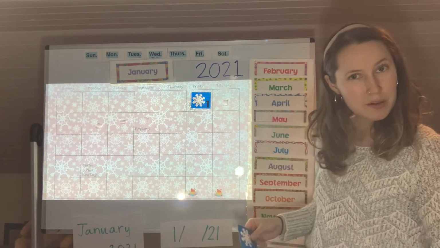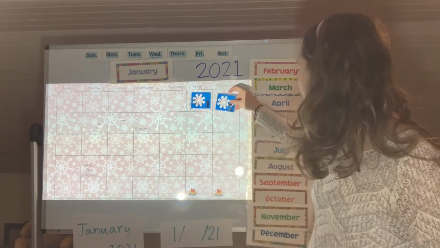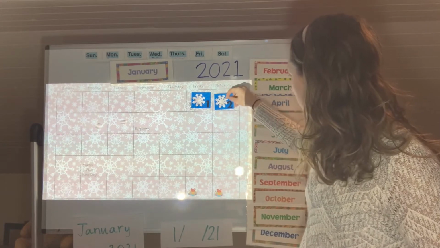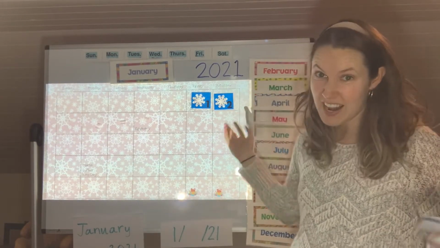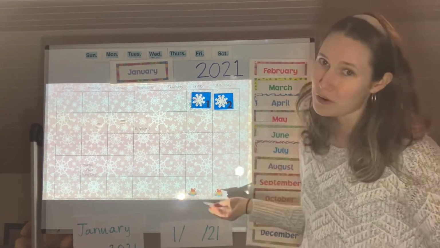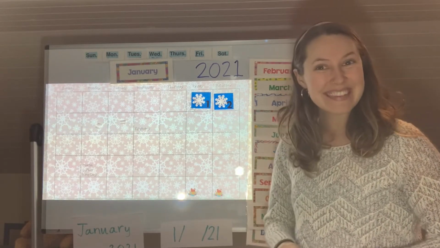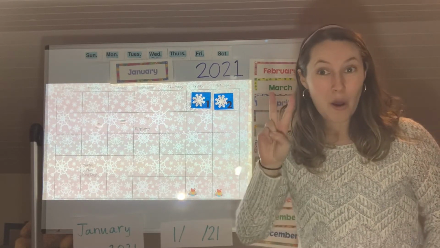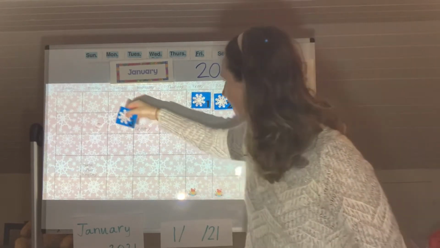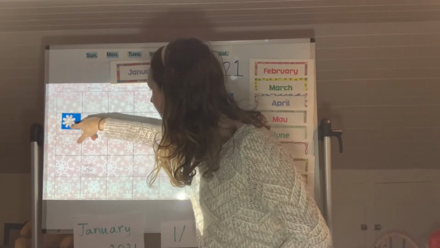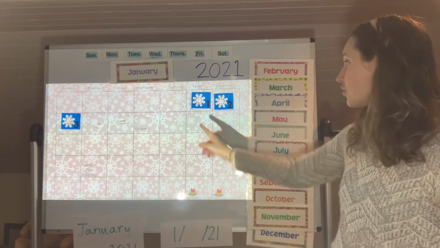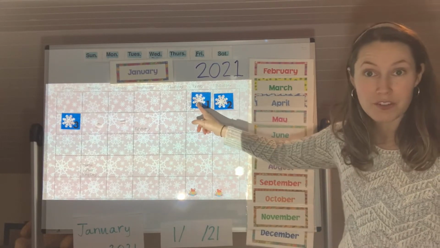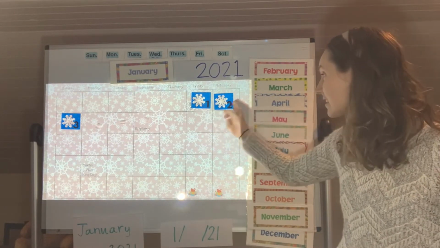Now what comes after 1? What is 1 more than 1? Easy peasy lemon squeezy, that's 2. You guys are all saying, so we know that already. And what's 1 more than 2? Easy peasy lemon squeezy. It's 3. There we go. So I'm going to add my 3 down on my next line here. So I had my 1 and my 2 on the first line because they were on a Friday and a Saturday.